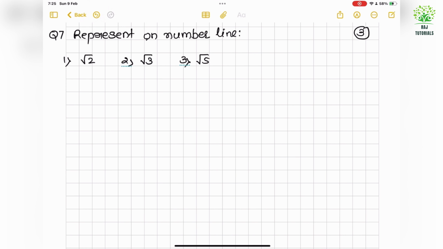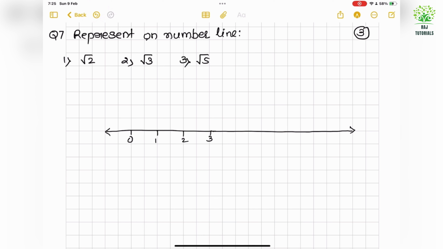Now next question is represent on the number line. So I am given root 2, root 3, root 5. So all the three I am doing on the same number line. Suppose this is the number line which I have made. Now this is my 0, this is my 1, this is my 2, this is my 3. Now first one is root 2.